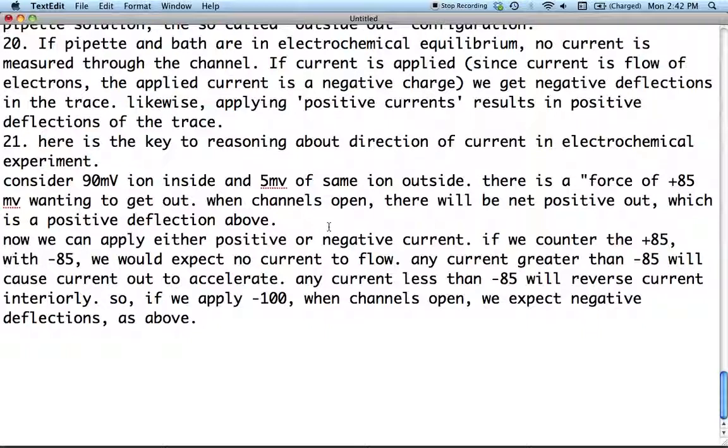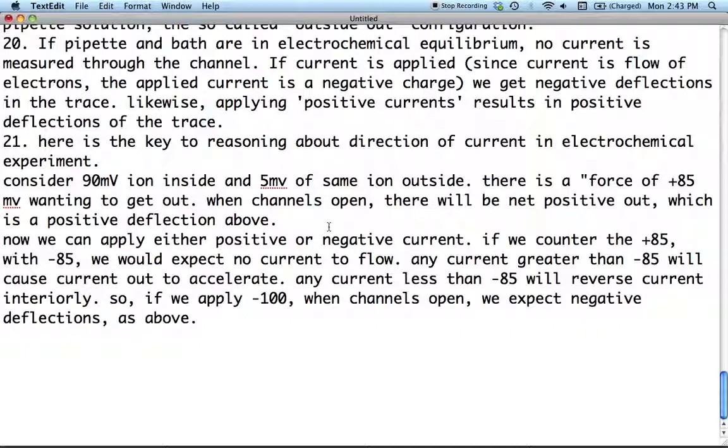Okay, so in the last case we had no current flowing when we applied no current, but now we've got this disequilibrium. We've got to make up for 85 positive. So if we apply 85 negative current, then you would expect when the channel opens, you're still going to have equilibrium.